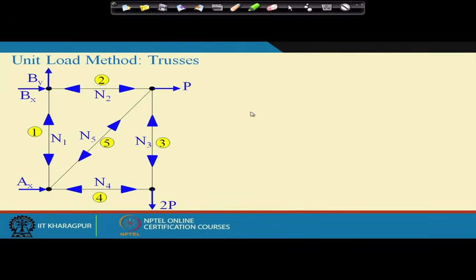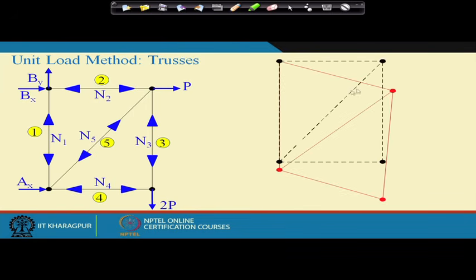Now, suppose the member undergoes a deformation like this, and the lengths of the members now become this. So, dl1 is the change in length in member 1, dl2 is the change in length in member 2, and so on.